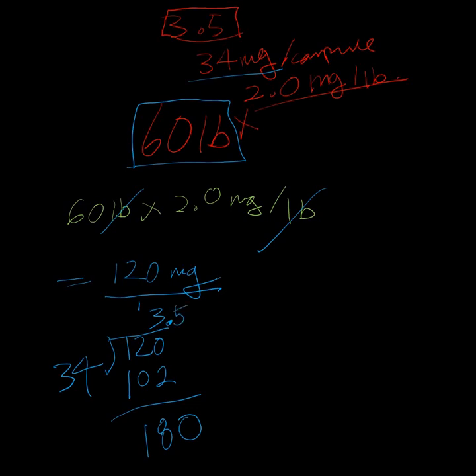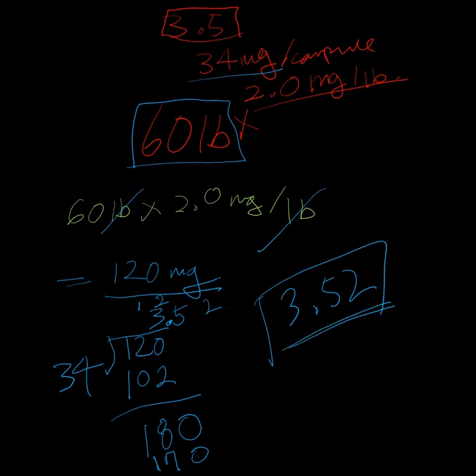If you multiply 4 by 5, it becomes 20. Give 2, and then 150. It becomes 170. See that it is almost like this. So don't write 0 here. Okay, 3.52. So how many carpules are we going to give?